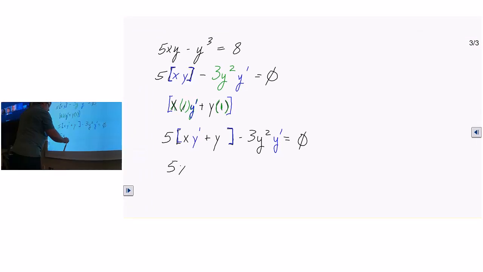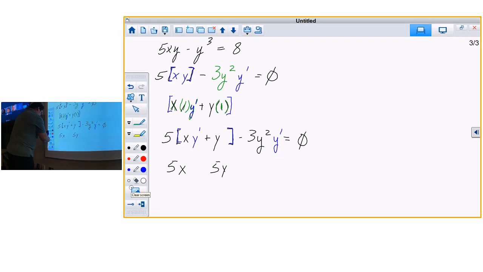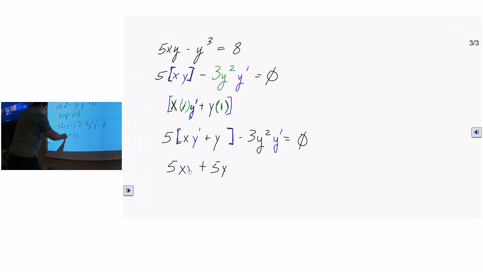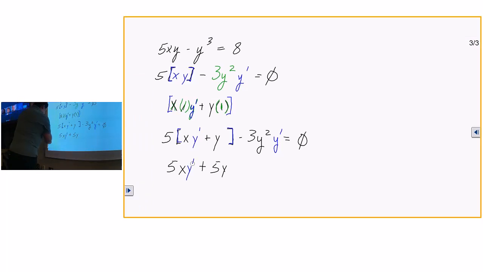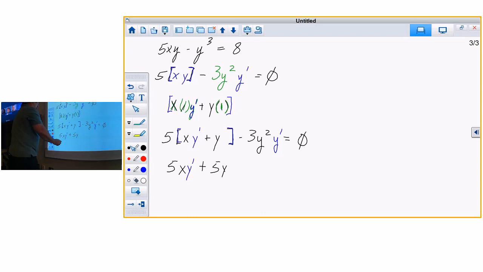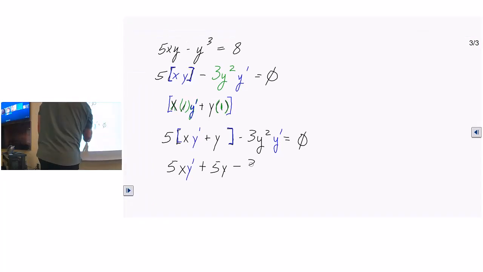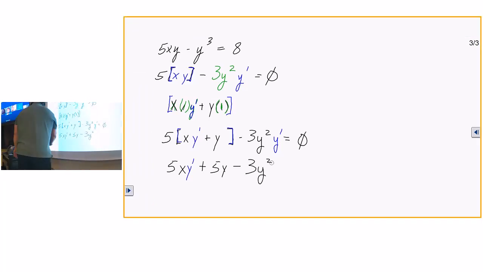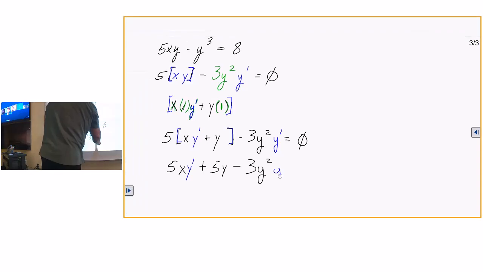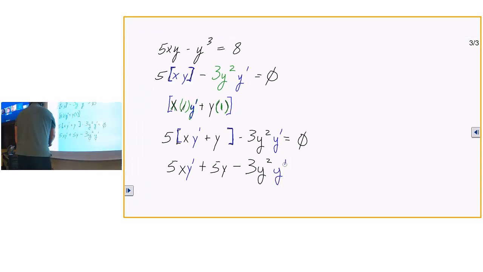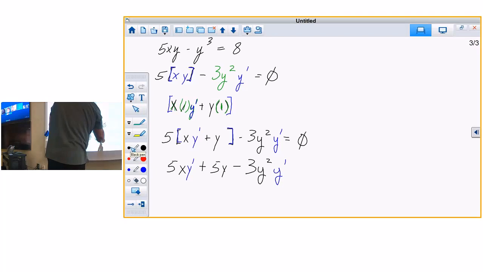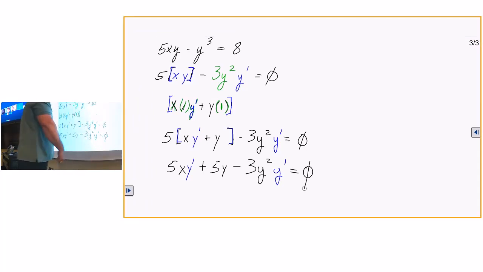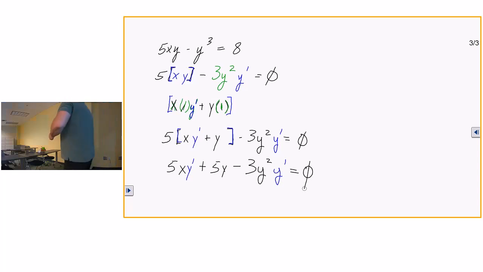5x y prime plus 5y minus 3y squared y prime is equal to 0. Now what are you going to move?